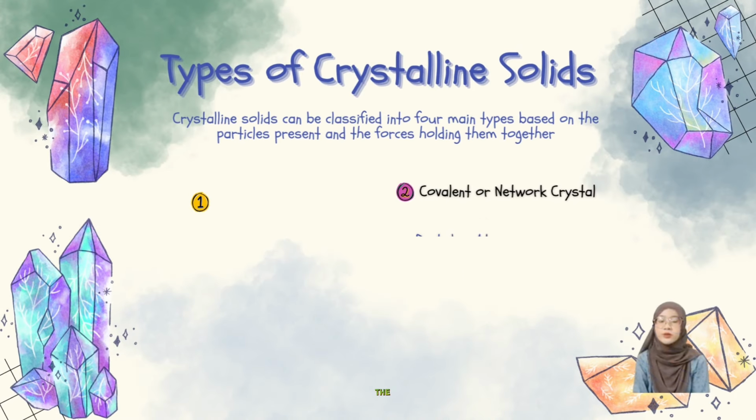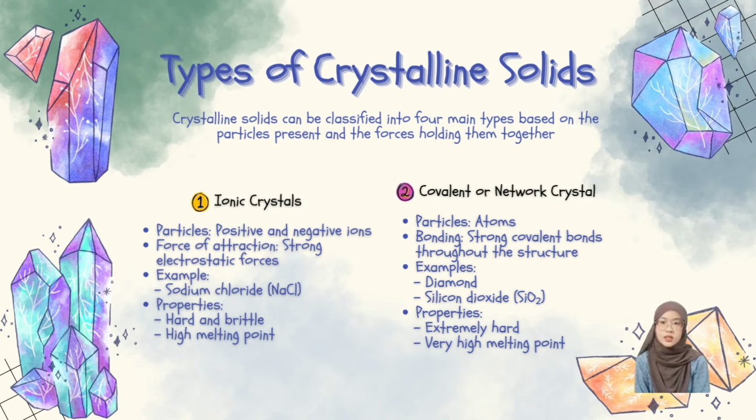Now, let's move to the other part of the discussion, which is types of crystalline solids. Crystalline solids can be classified into four main types based on the particles present and the forces holding them together. The first one is ionic crystals. Ionic crystals are made up of positive and negative ions held together by strong electrostatic forces of attraction.